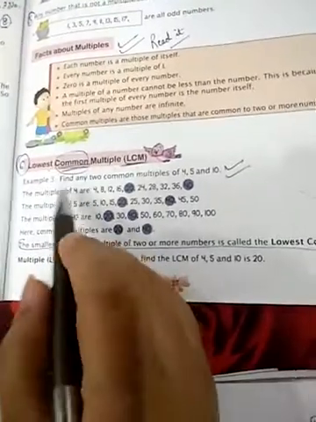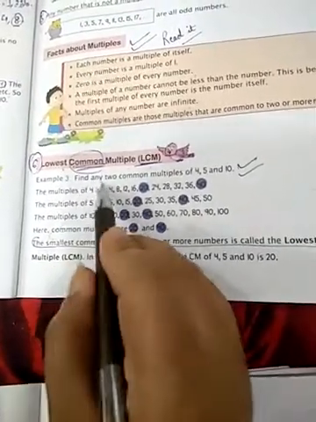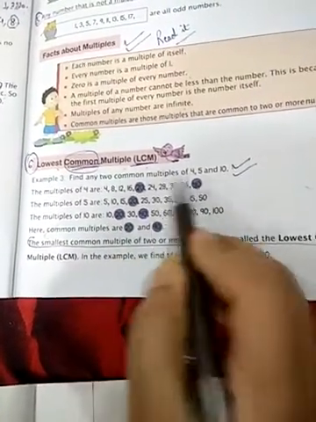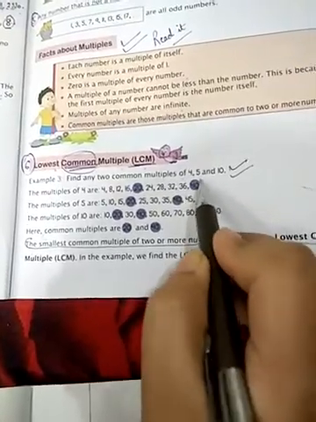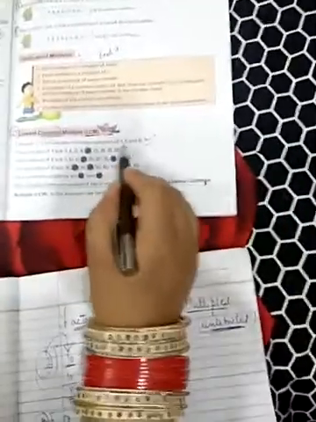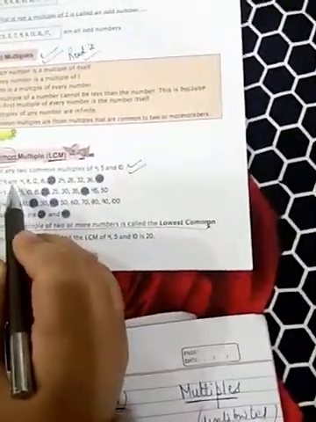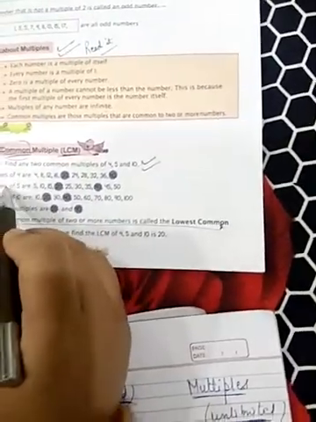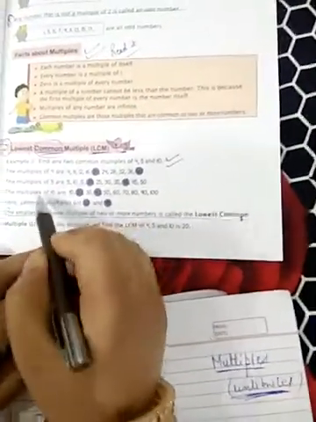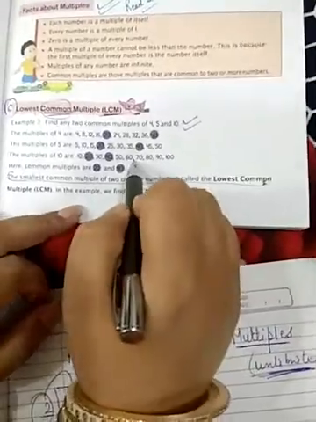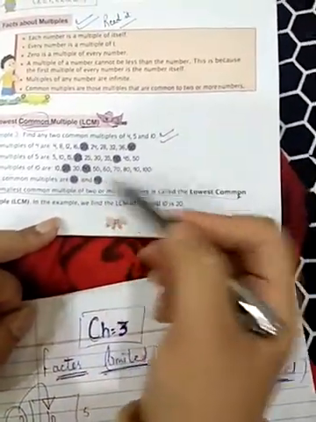Okay, so here in this example, find any two common multiples of 4, 5 and 10. So here first of all you have to write multiples of 4, then you will write multiples of 5, and then you will write multiples of 10. Multiples you all know how to write. Table only you have to write.